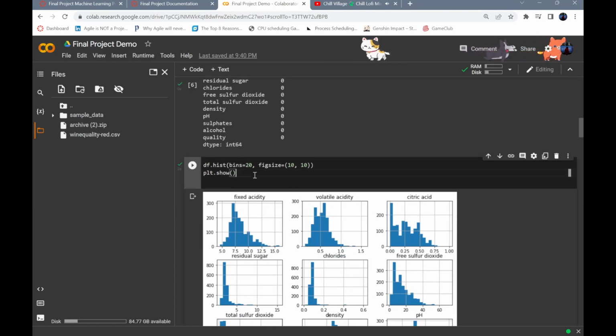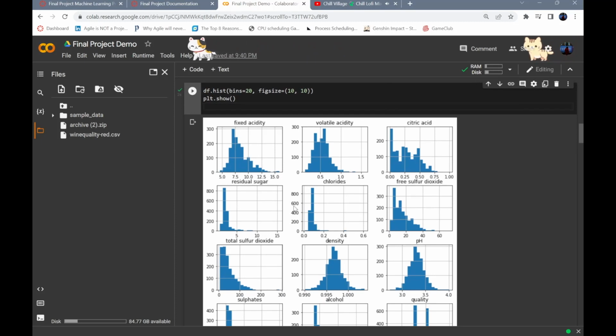And now we will use a histogram to visualize the number of the data.